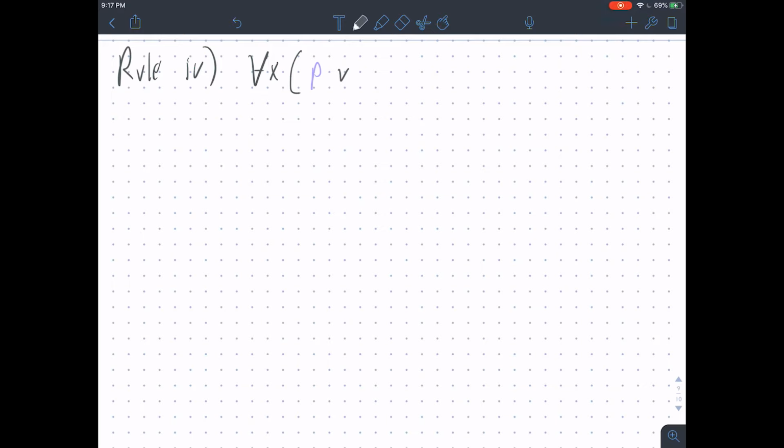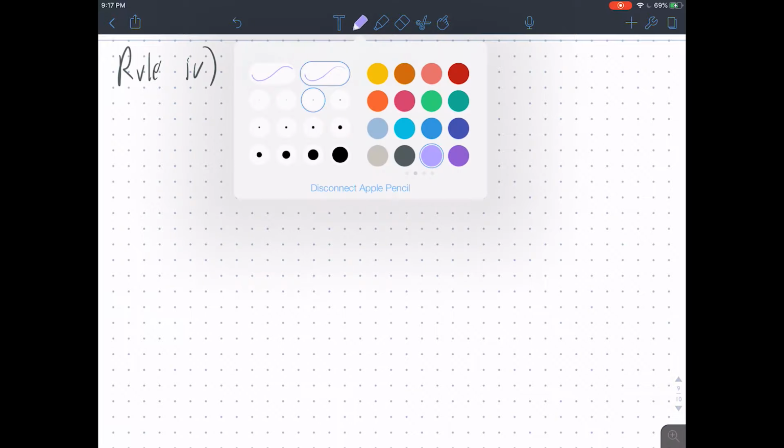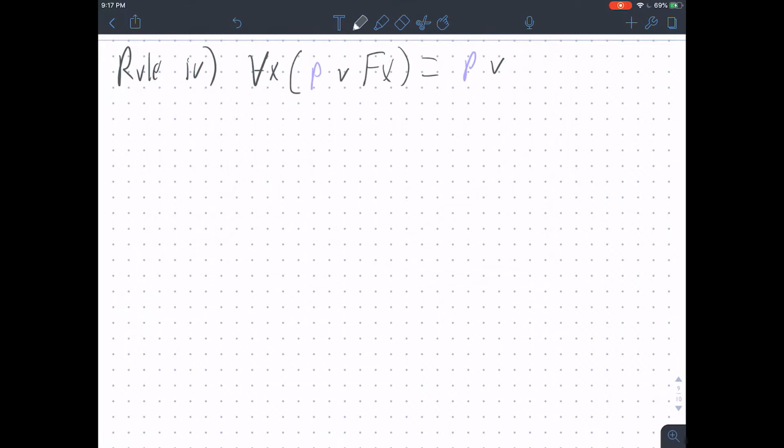Oh, I lost track of what rule I was on. Right. Yeah. So again, same rule here that worked for the existential quantifier also works for the universal quantifier.